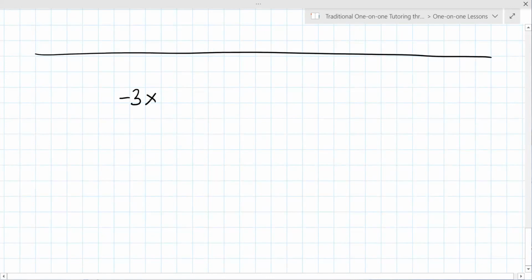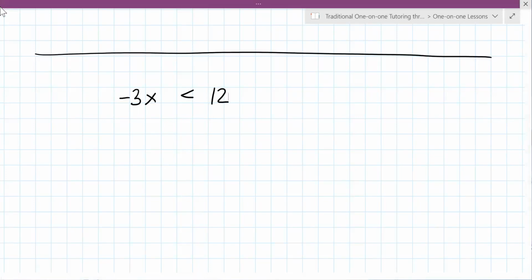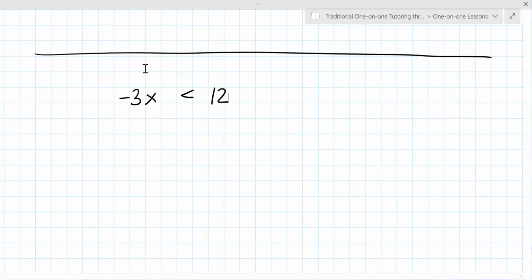Negative 3x is less than 12. Yes, this means less than. How do you get x by itself?